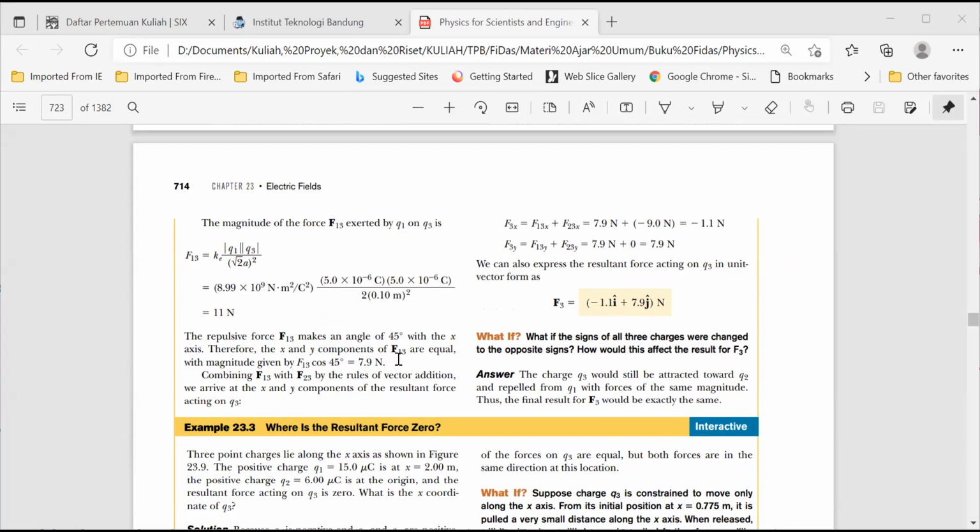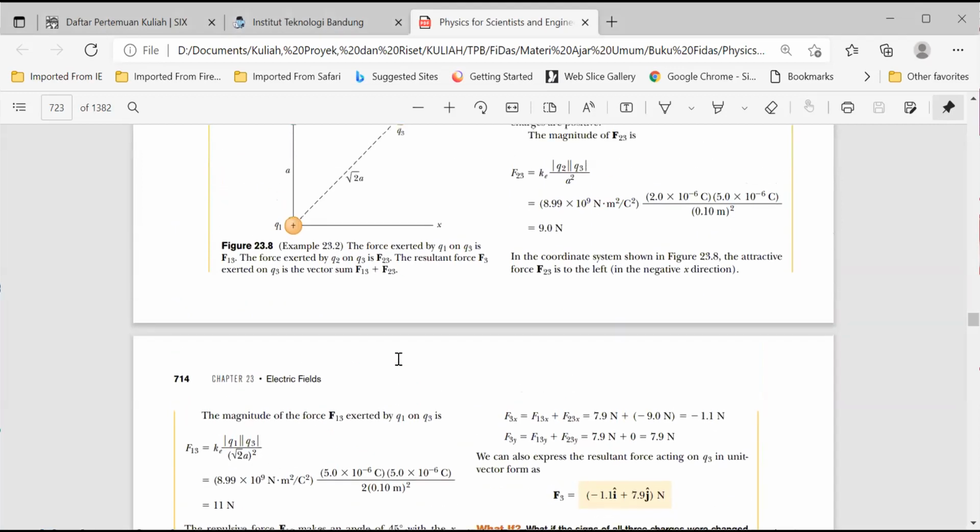Okay. So because the angle is 45 degrees, we have F13x and F23x.